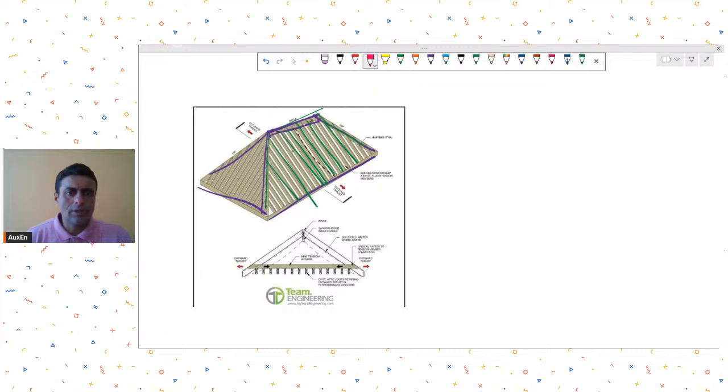On this rafter you will have flooring, tiles, sheets, whatever you are doing. If you are going for tiles, then tiles will be placed like this, transferring their load to these rafters. So this will be the structural system for this type of arrangement.